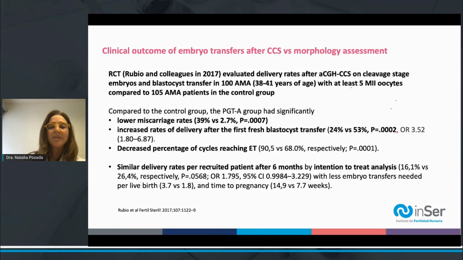A similar study was published by Rubio and colleagues in 2017. In this case, they used aCGH analysis on cleavage stage embryos and analyzed 100 advanced maternal age women between 38 and 41 years of age who had at least 5 mature oocytes at retrieval and compared them to 105 advanced maternal age patients in the control group who only had morphology assessment of blastocysts before their transfer.